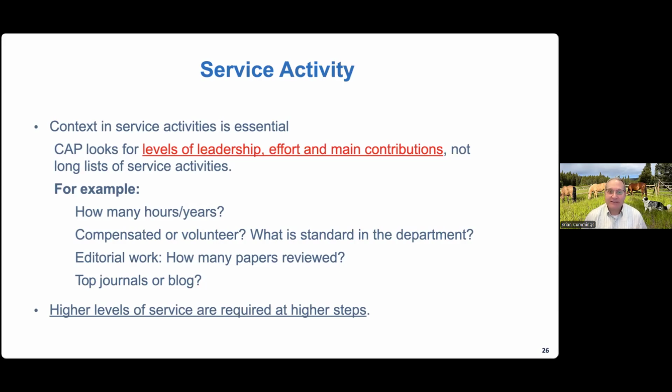You should let CAP know what that is. How many papers are you reviewing a year? How many blog entries or journals are you involved in, and what you're doing? As we noted before, the higher your step, the higher your level, the higher the level of service will be expected of you.